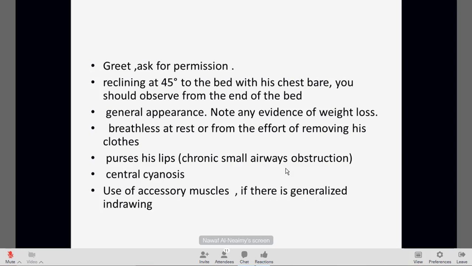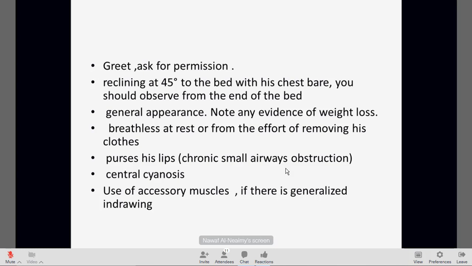On the other hand, hypoxia, in the early stages, it makes the patient to be agitated. So the agitation is one of the features of hypoxia in the early stages.